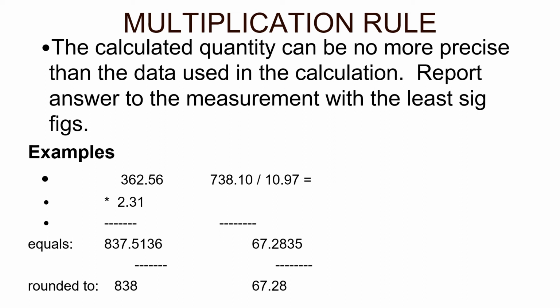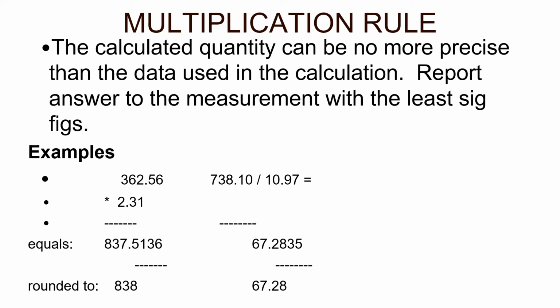Because the component of the equation that has the least amount of significant figures is only 3 significant figures, your answer has to be rounded to 3 significant figures as well. And your answer would be 338. If you look at the example on the right, it's division. You have 738.10 divided by 10.97.